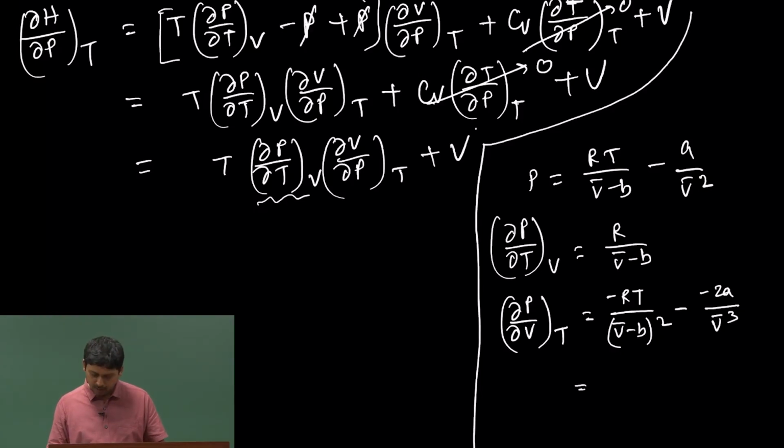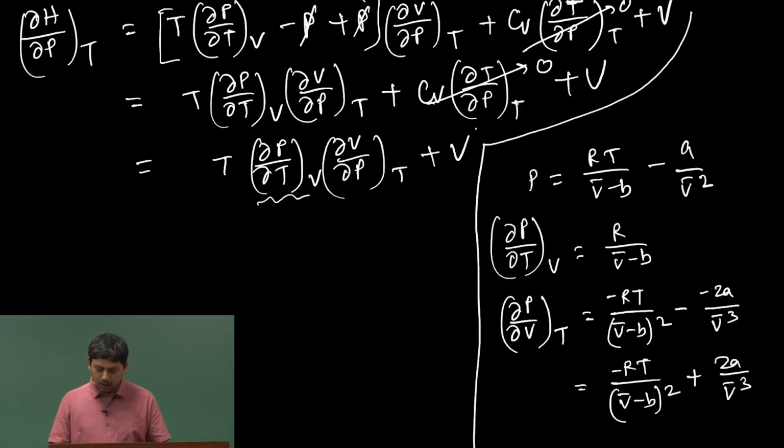Which is giving me minus RT by V minus b square plus 2a by V cube. You see, it is del P del V, we need just the opposite of that. So, an inverse of that, right. In that case, of course, we can invert that and put it in and get the expression, but let us take a simpler situation in which a is going to be 0.